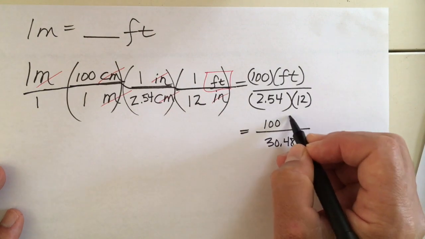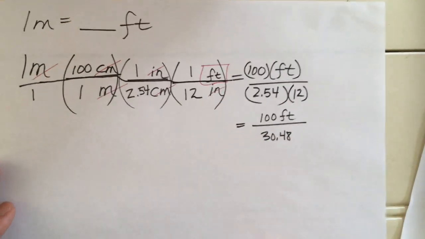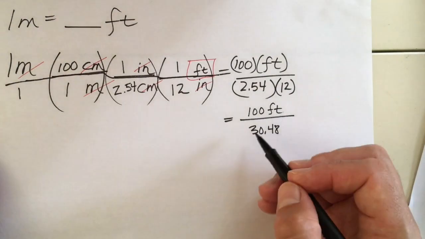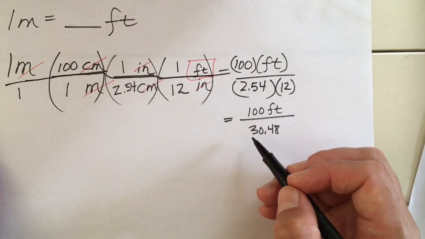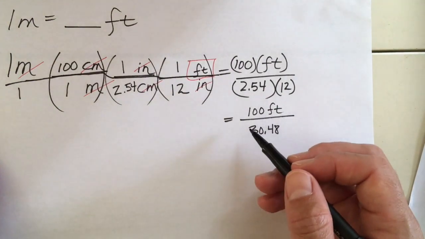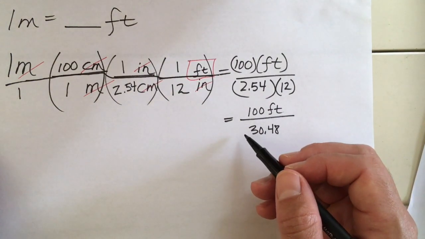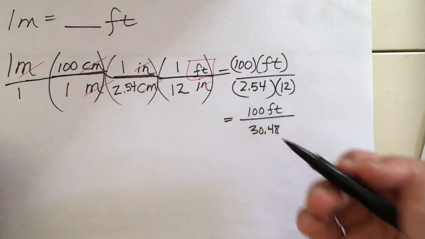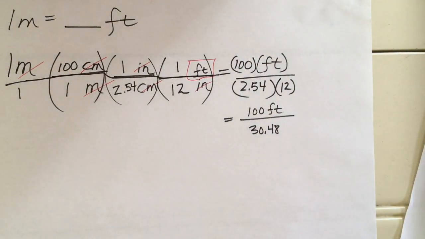So we have 100 feet divided by 30.48. How many times does 30 go into 100? About 3, but a little more, with about 8 left over. So about 3 1/3 maybe, 3.3 times.